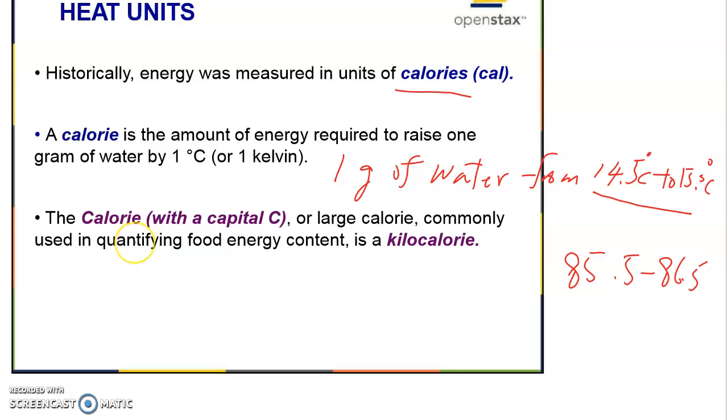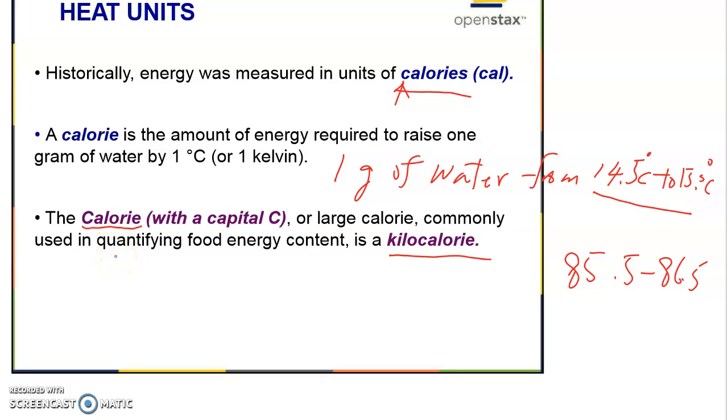Sometimes when we see a big calorie number, we use the kilocalorie. When do we use that? Look at this: with a lowercase c, that means 1 calorie, and with a capital C, that means 1,000 calories.